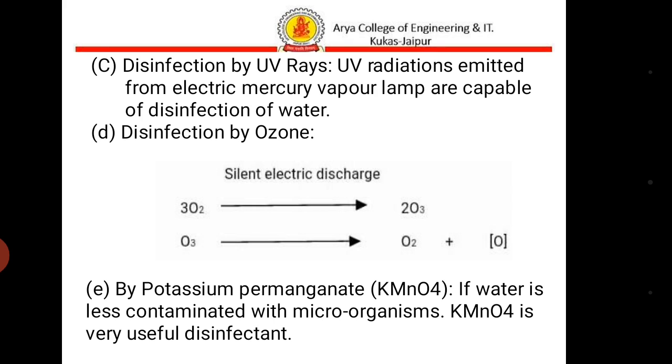Ozone is very unstable and breaks down into oxygen and nascent oxygen. Nascent oxygen acts as a germicide and kills bacteria. E. By potassium permanganate. If water is less contaminated with microorganisms, KMnO4 is a very useful disinfectant.